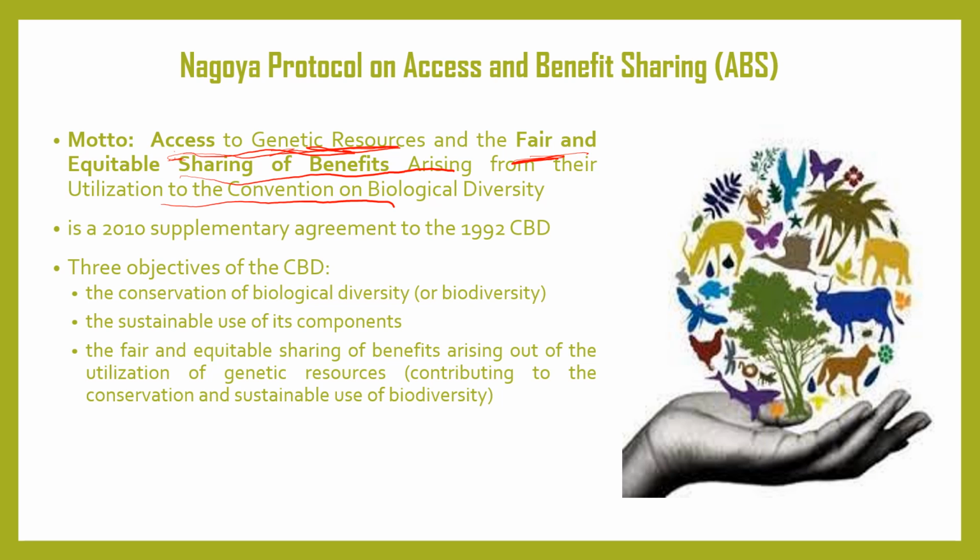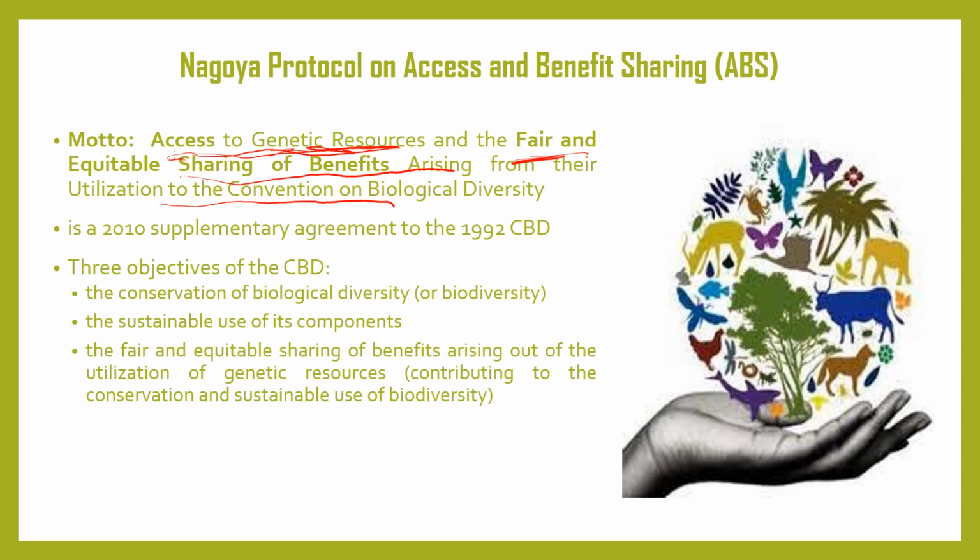So we see that the country of origin of the genetic resource is benefiting both monetarily and non-monetarily, and the other country which is doing research on that genetic resource is also benefiting, because they will be doing research and commercializing that particular knowledge.